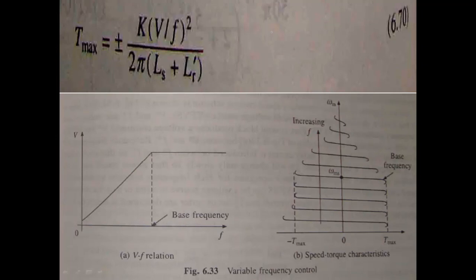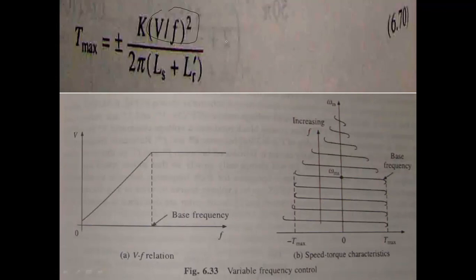Now from this equation 6.70, it suggests that with a constant V by f ratio, the rotor will be developing a constant maximum torque. So if you take this constant V by f ratio, the rotor will maintain a constant maximum torque.